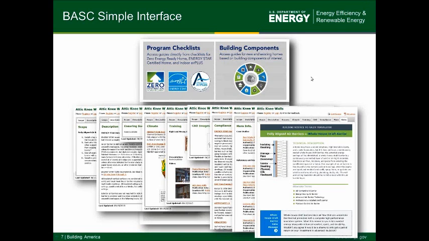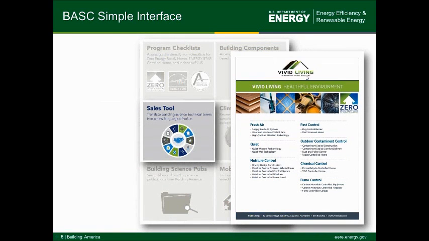The next new option we have in the interface is a sales tool. The sales tool will be a way for you to create point-of-sale material that features all the proven innovations that you've applied or used in your home, and using this new language of value that we just referenced. So it's a very elegant way to package lots of helpful content, and it does it according to 6 value propositions.